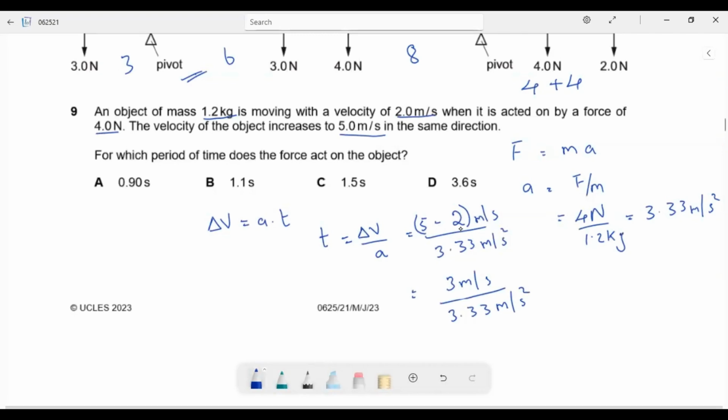While dividing, we'll be getting the answer as 0.90 seconds. So here the right answer is A, 0.90 seconds.